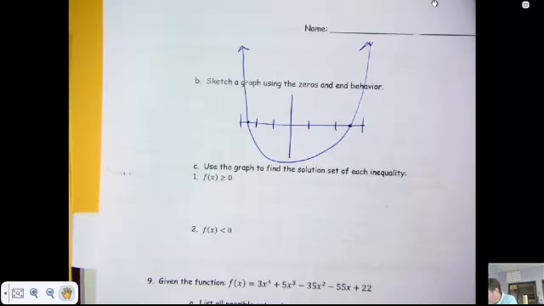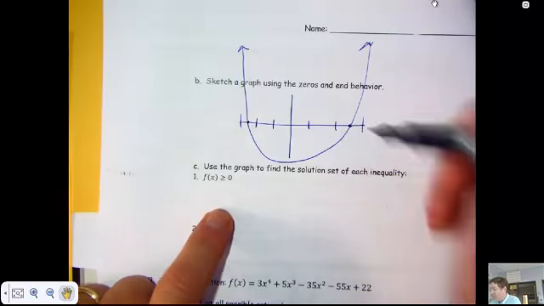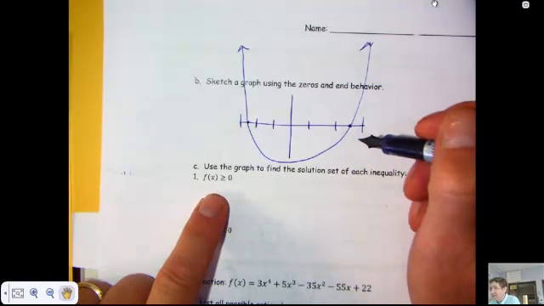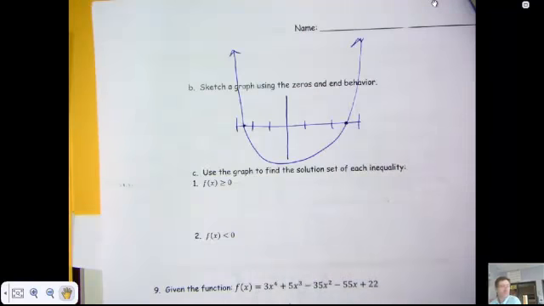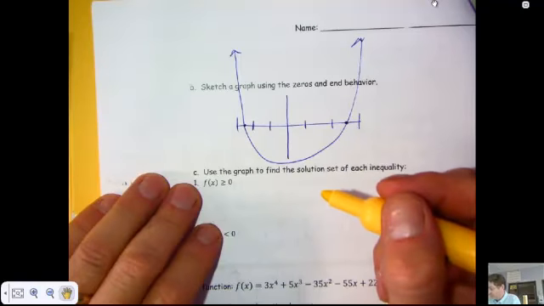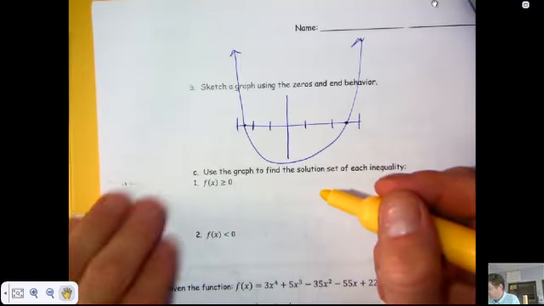So C says, use the graph to solve each inequality. Where is the function greater than 0? Again, make sure we can read the graph properly. f of x are the y values, but you want to give the x values. So where is it above 0? -5/2.